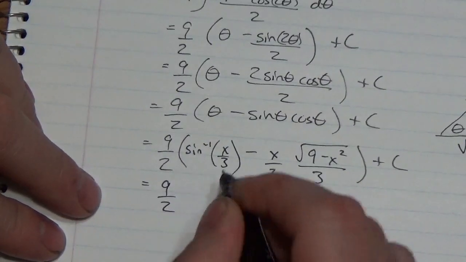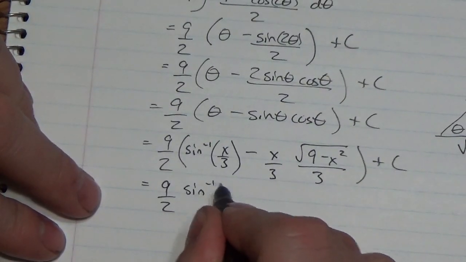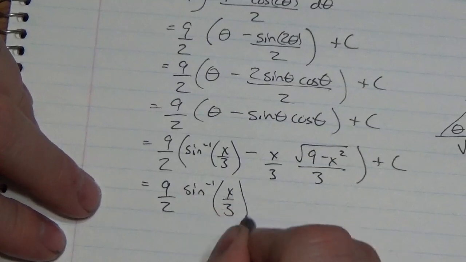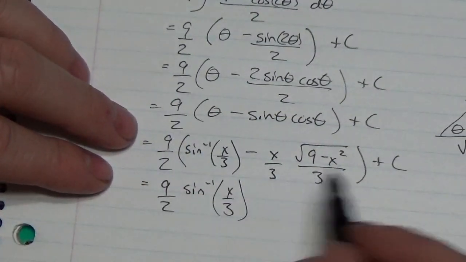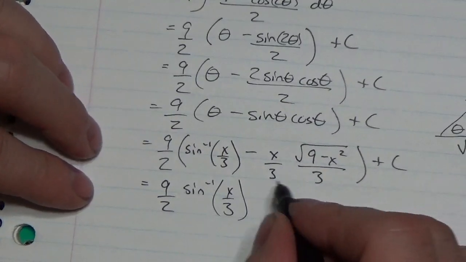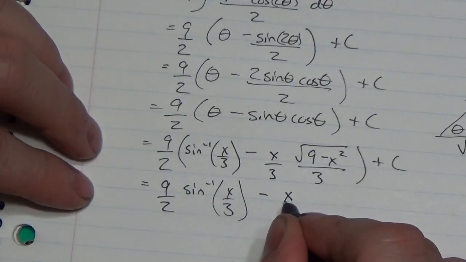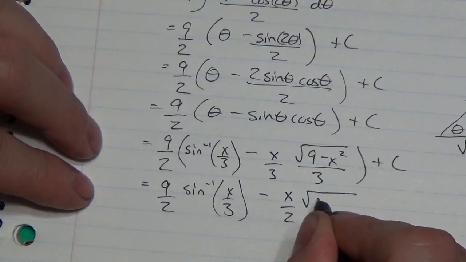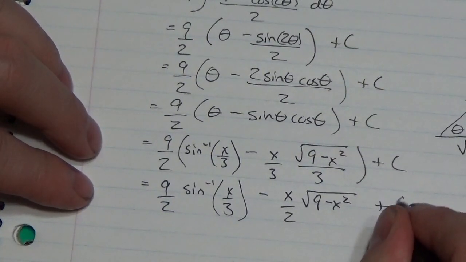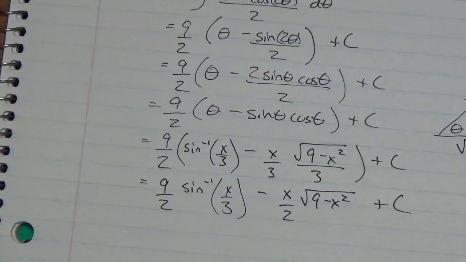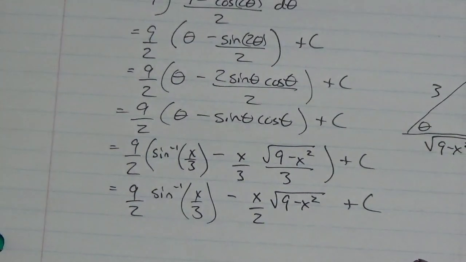So this is 9 over 2 multiplied by the inverse sine of x over 3. And then when I distribute the 9 over 2 through, the 9 is going to cancel with the product of the 3's down there. And I'm going to be left with the negative x over 2 square root of 9 minus x squared. And at the very end, plus c. Can't forget about the arbitrary constant.